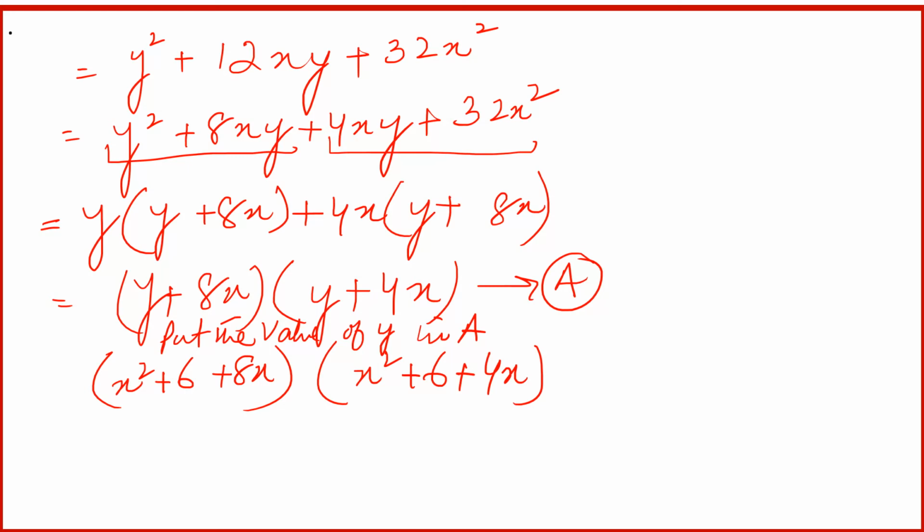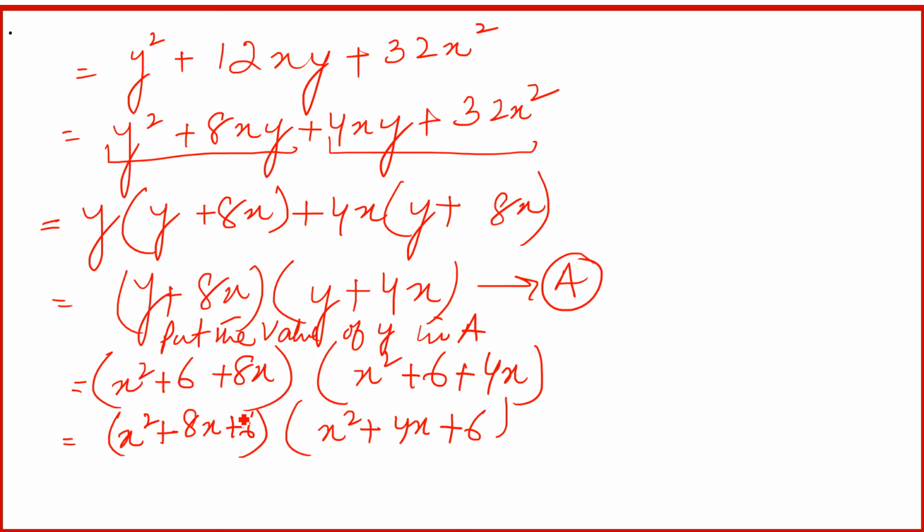So this is your answer, but sometimes they do more simplification, right? x square plus 4x. So I can rearrange it again: x square plus 8x plus 6, and x square plus 4x plus 6 is here as well.